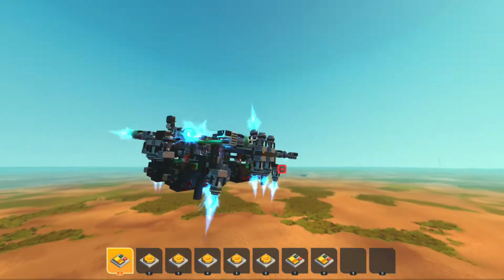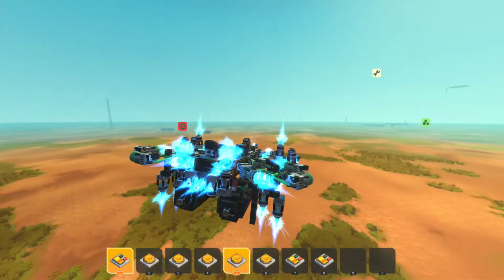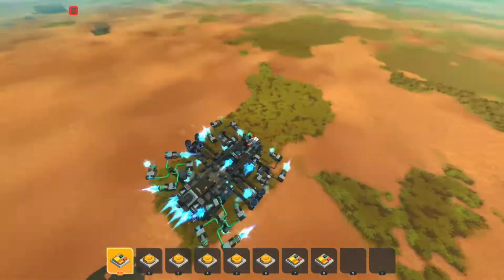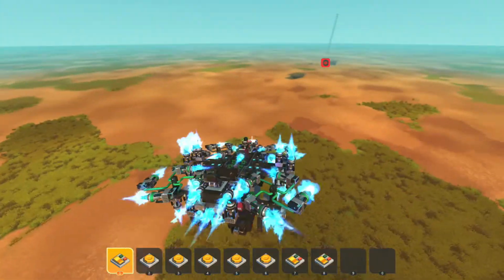This is the bomber. It's slow and it's heavy, and I don't like it, but it's fun.